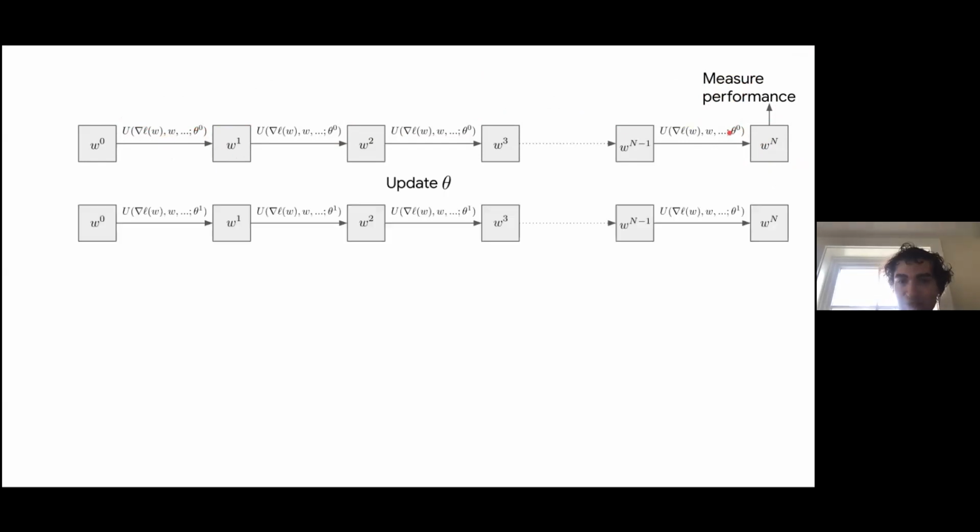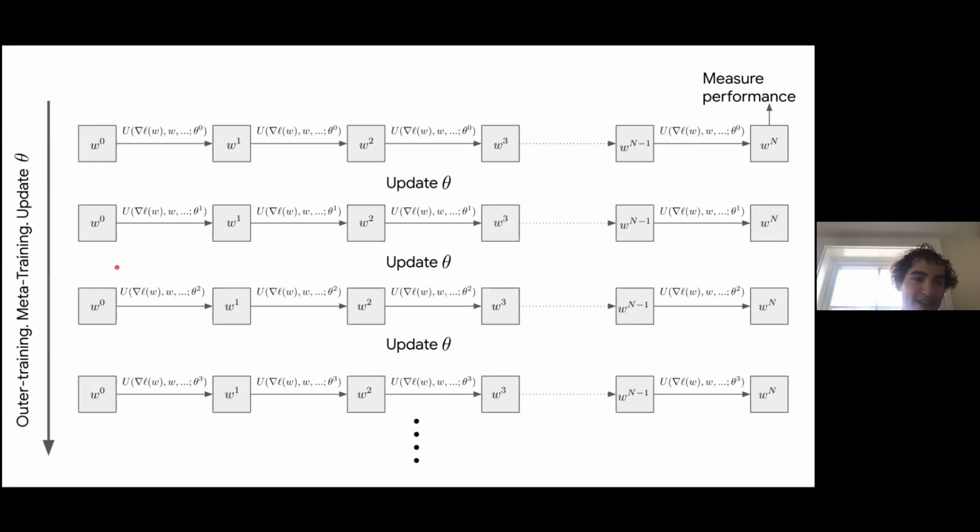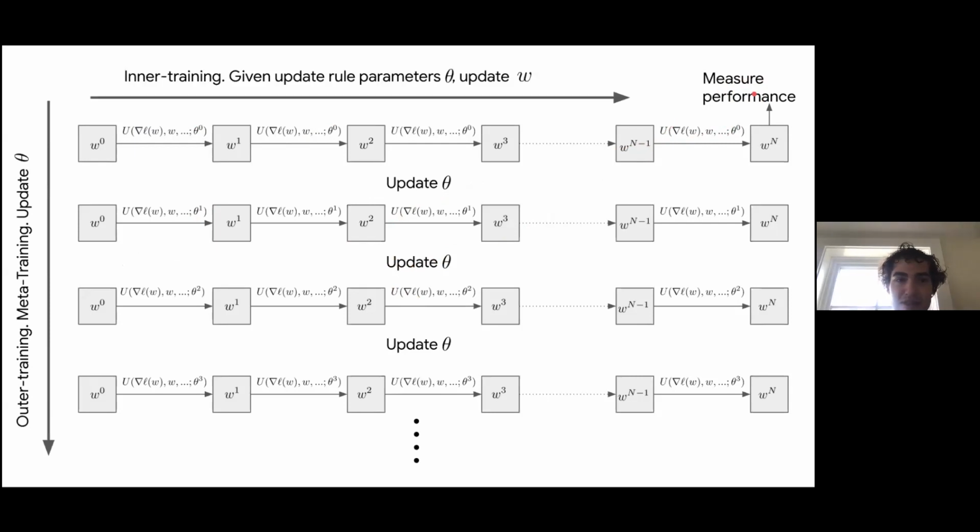And we can do this over and over again. The y-axis here is outer training. It is the procedure of updating the weights of the learned optimizer to perform well after applying it. The x-axis here is inner training. Given some updatable parameters, we're going to update the parameters of the inner model.